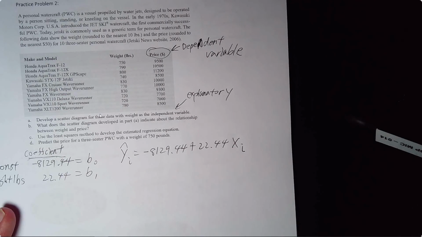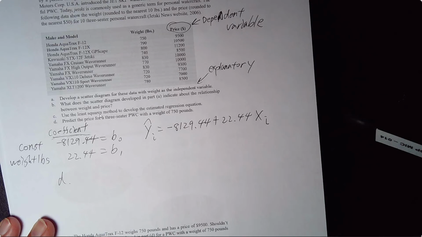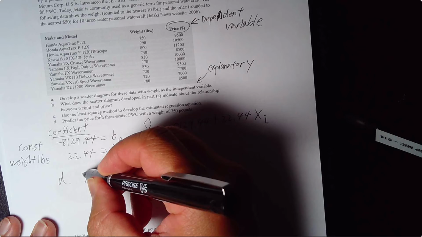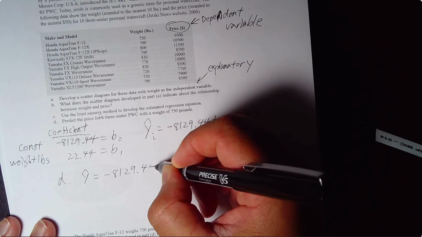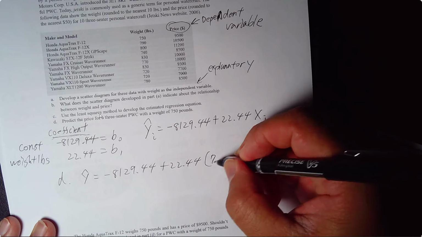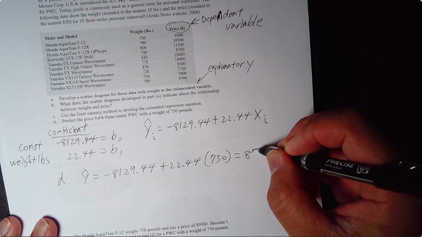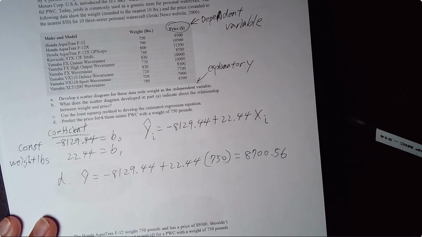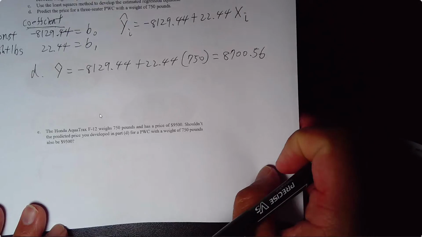Now let's go ahead and finish with part D: predict the price of the 3-seater with the weight of 750. So there we go. Y hat equals, put it in the calculator, and we get 8700.56. Okay. All right. So let's go ahead and move on to the next one.